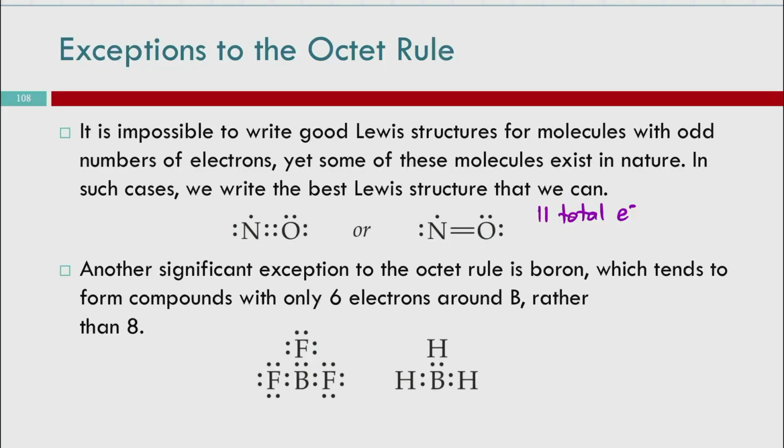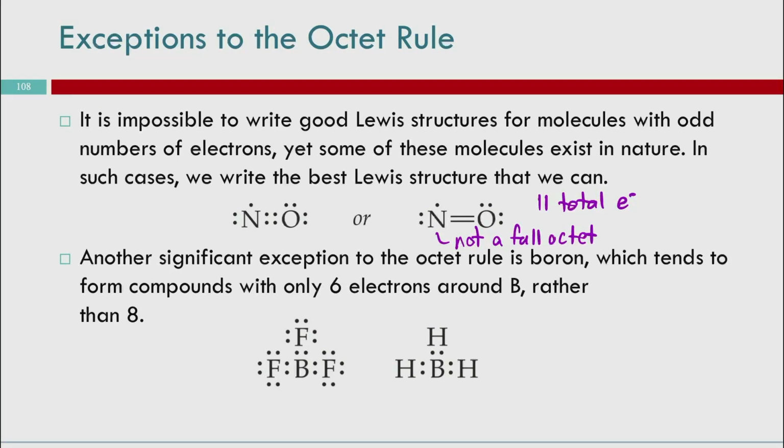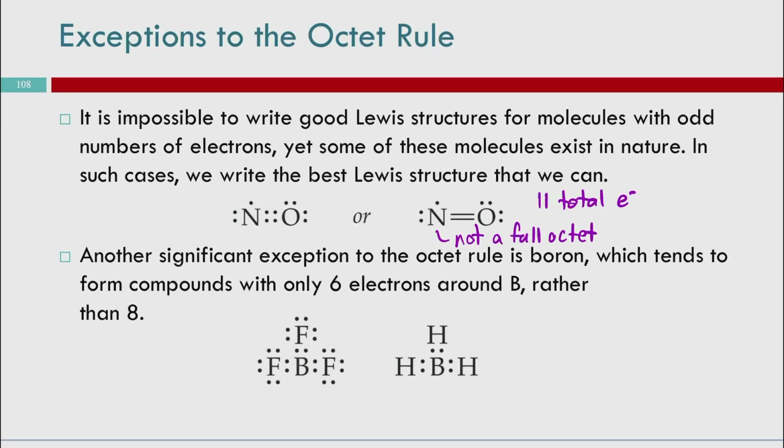It's confusing because nitrogen doesn't have a full octet. But that happens sometimes. Won't happen for you in the class, I think, maybe on the homework, but it's not going to happen on a test or on the Lewis structure worksheet. Another important exception to the octet rule is boron.